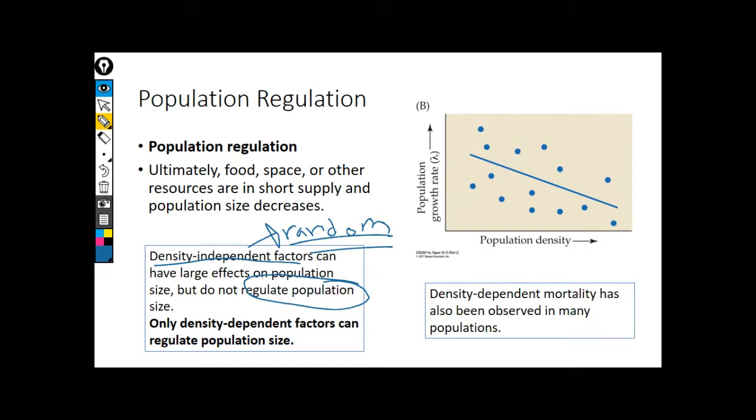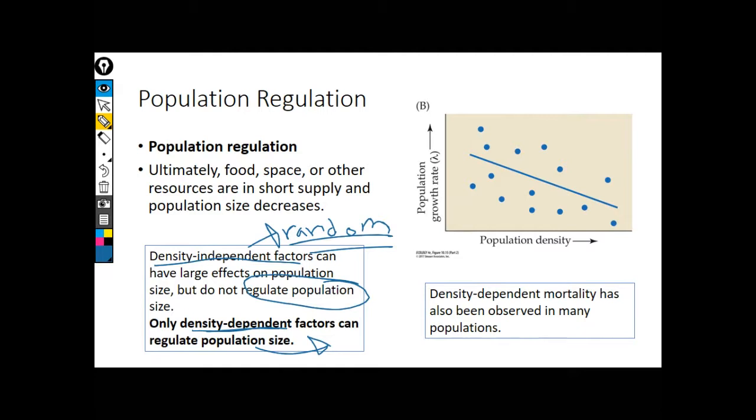Okay. Density dependent factors come into play every time the population size gets too big. So this is what we mean when we're talking about regulating. Okay, so when the population size gets too big for the food resources they have, individuals are going to die every single time.